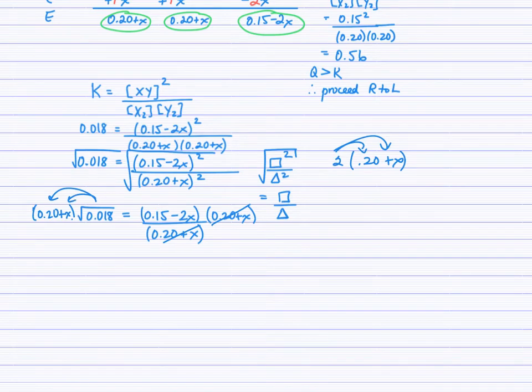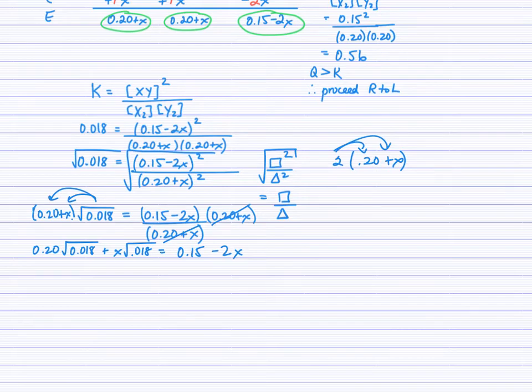So I'll have the square root of 0.018 times 0.20, which actually, if you've worked with radicals, we'll write the number without the radical in front, plus x times the square root of 0.018. And that will be equal to our right side of 0.15 minus 2x.